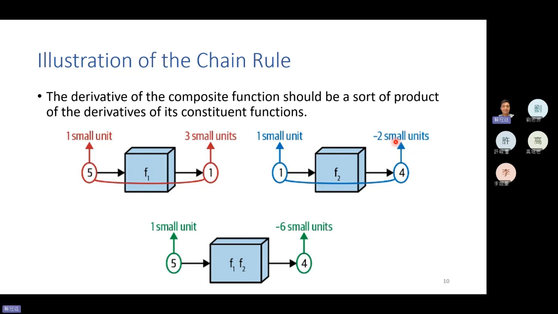It will consider the change of each function and do the multiplication, right? So the change rate 3 will multiply by the change rate -2, and then you will get the new change rate.